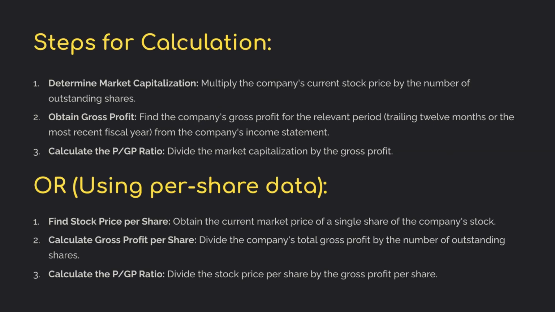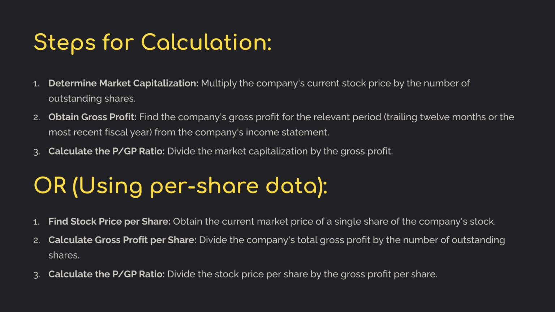Steps for calculation: determine market capitalization, multiply the company's current stock price by the number of outstanding shares. Obtain gross profit: find the company's gross profit for the relevant period, trailing 12 months or the most recent fiscal year, from the company's income statement. Calculate the PGP ratio: divide the market capitalization by the gross profit.